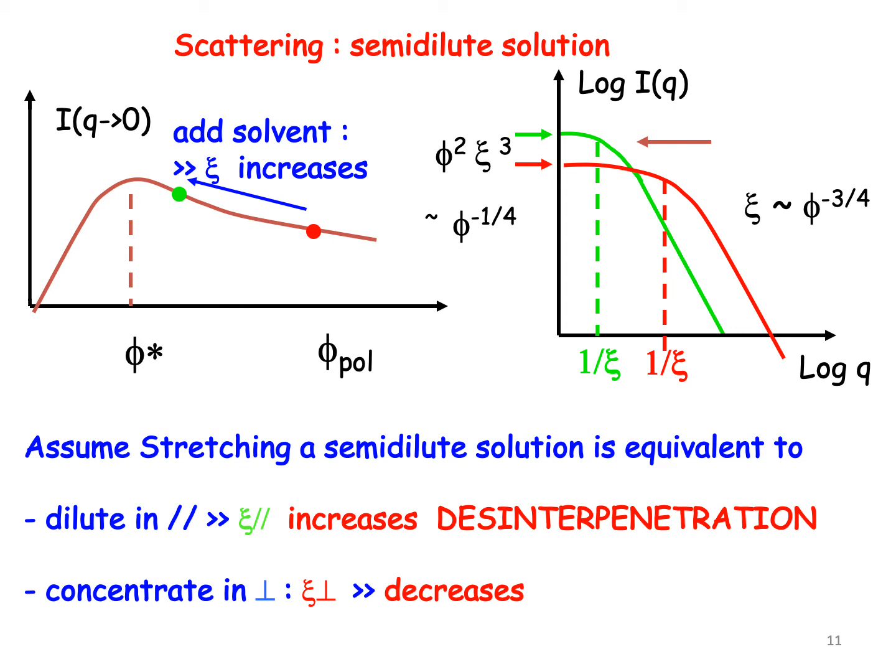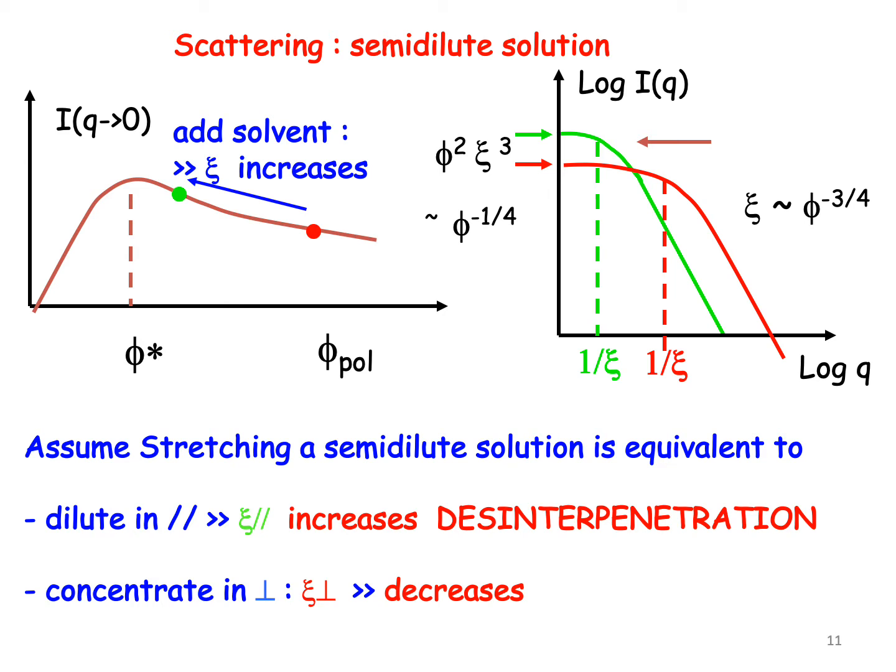You can see on the left figure that this is equivalent to saying that when you dilute, when you add solvent, the intensity is actually increasing, which is a bit counterintuitive.